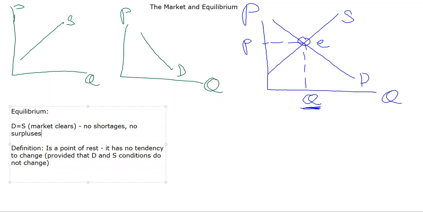So now let's look at some cases where we have a few shifts and how that leads to the formation of a new equilibrium point. All right. So let's take case one where supply increases. It could be due to any of the factors that affect supply, like a decrease in cost of production.